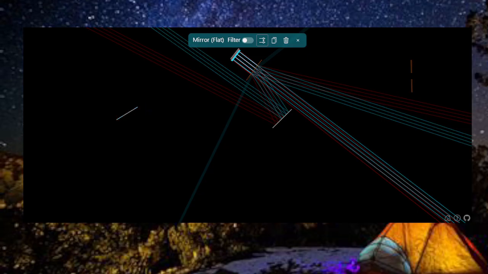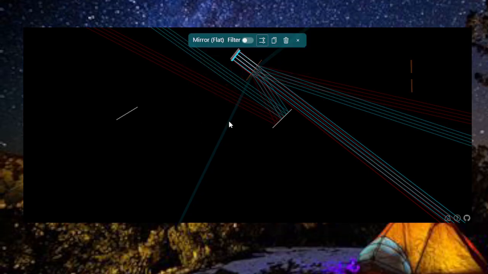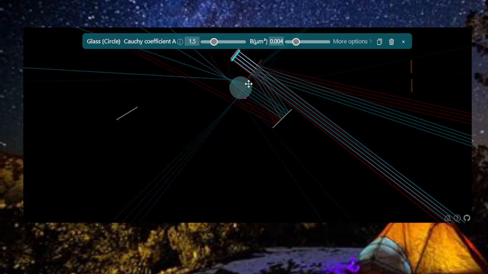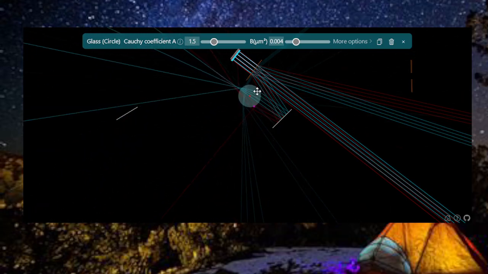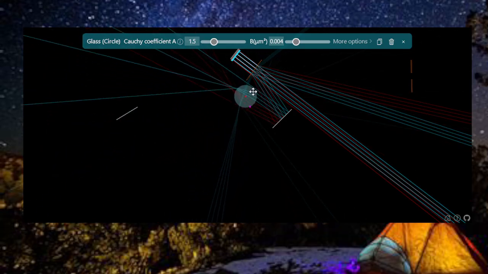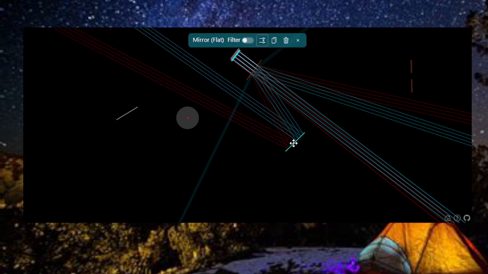Instead of doing that, I put a circle in. I may have to use the lens.